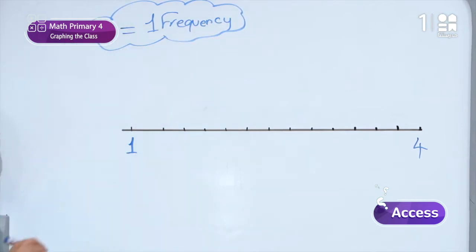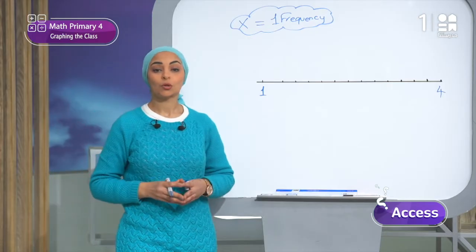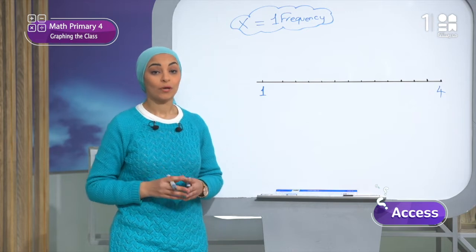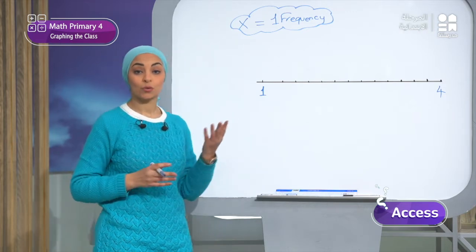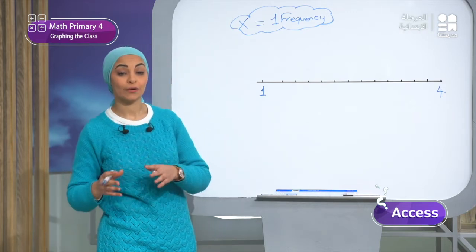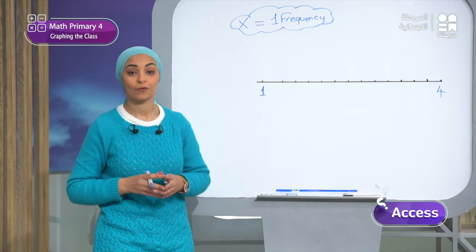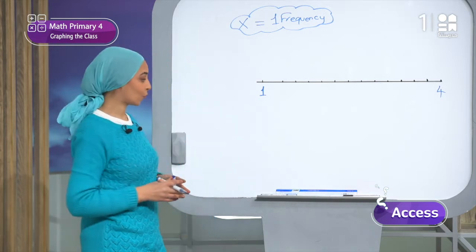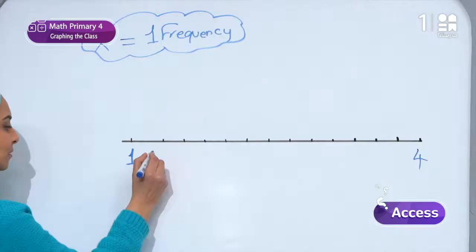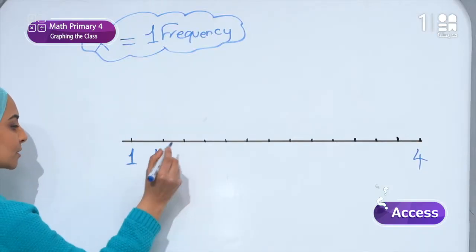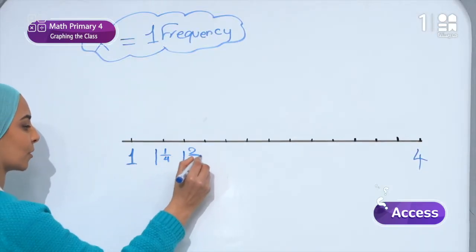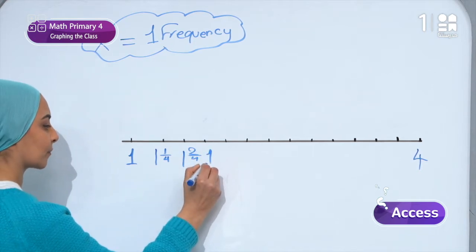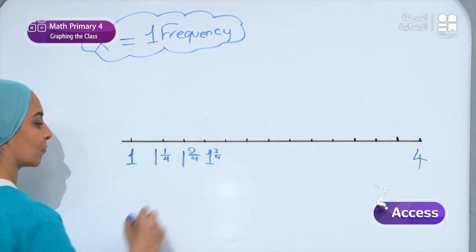Okay? Now we will draw a number line and like we said before I will start with 1, then we will add 1/4. هنعمل moving by 1/4. So I will draw 1, then 1 and 1/4, then 1 and 2/4, then 1 and 3/4, right?